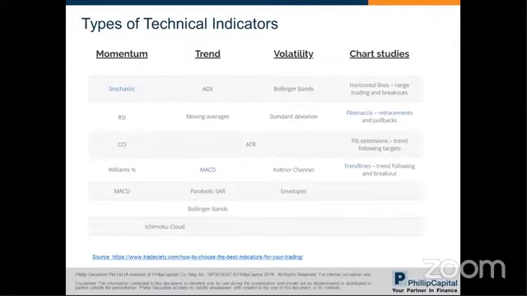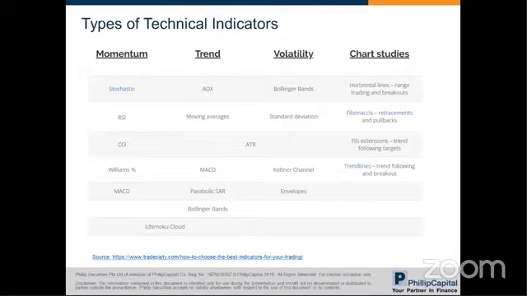As an illustration of the different kinds of technical indicators, we have the following. For trend indicators, popular ones include the moving averages and MACD, which is the moving average convergence divergence. Other popular trend indicators are the parabolic SAR, as well as the Bollinger Bands, which can also be used for volatility purposes.